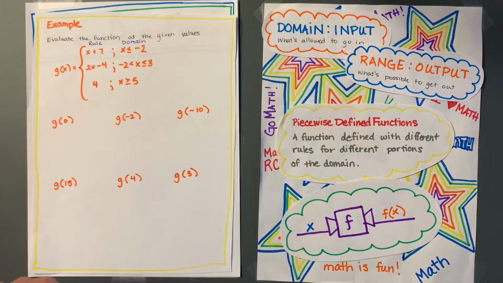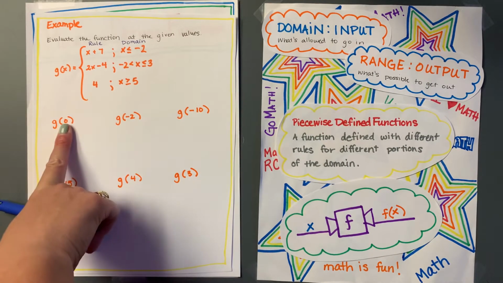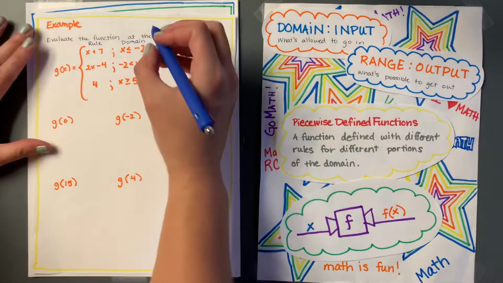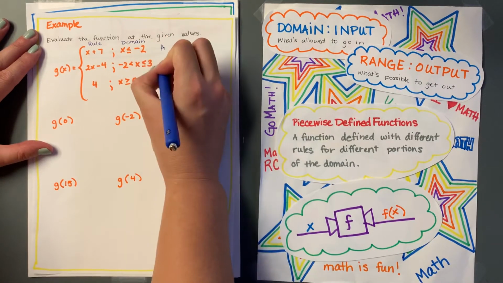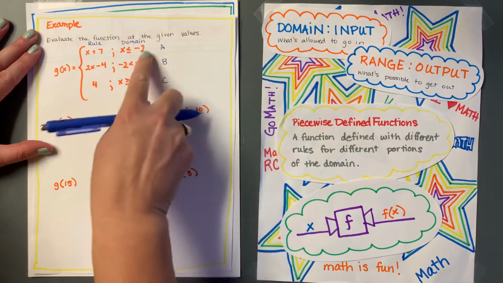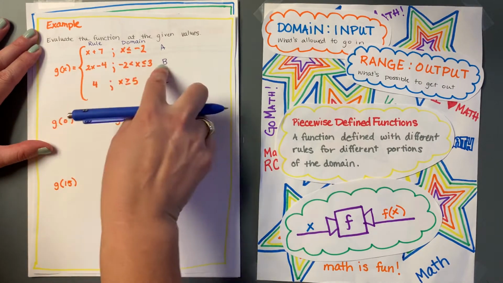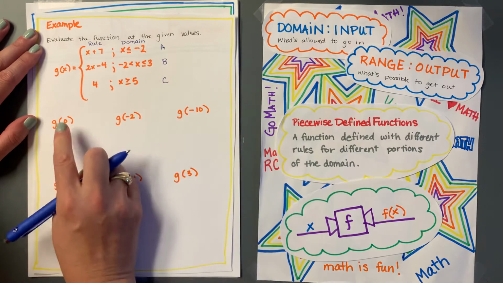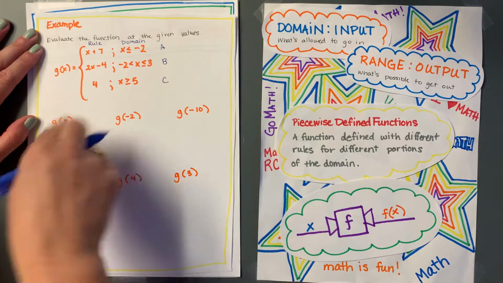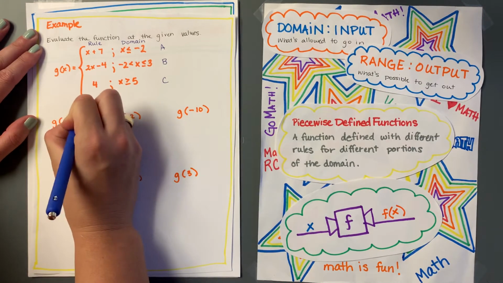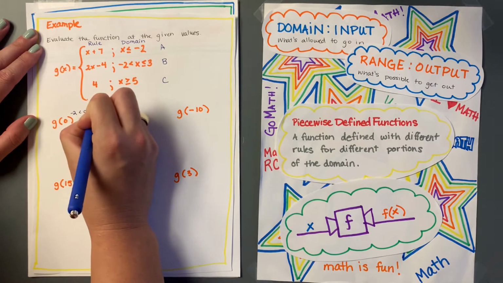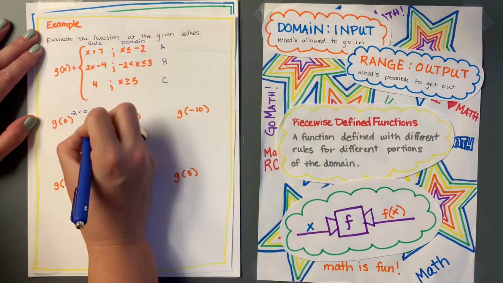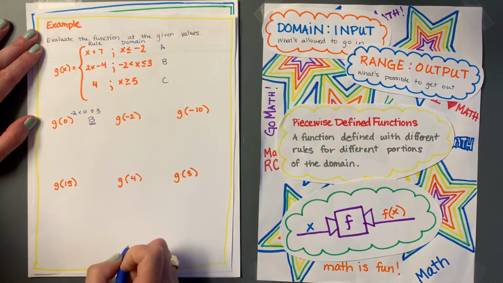Let's follow that rule, starting with g of 0. I'm first going to label these. This is going to be our A rule, our B rule, and our C rule. So I'm going to look at 0. And 0 is greater than -2 and less than or equal to 3, so we are going to follow the B rule.